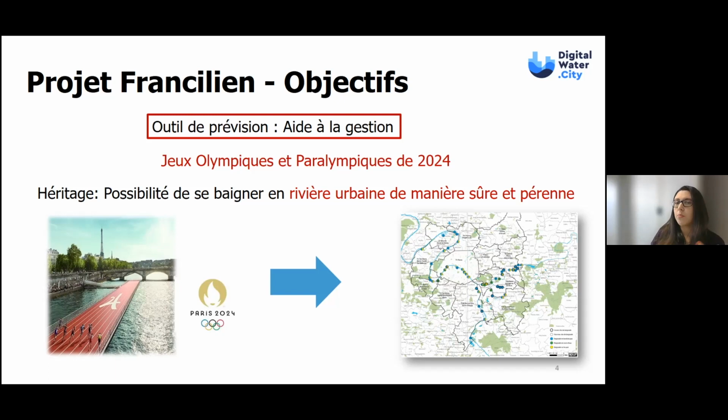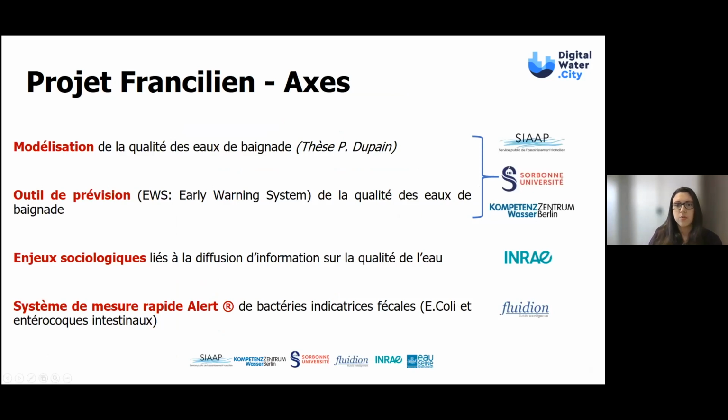Now, in order to reach such objectives, there are several development lines, as well as partners. In the SIAAP, we work together with Sorbonne University and the Berlin Water Competence Center on the modeling of the quality of bathing water, which is the thesis of a student called Paul Dupin.